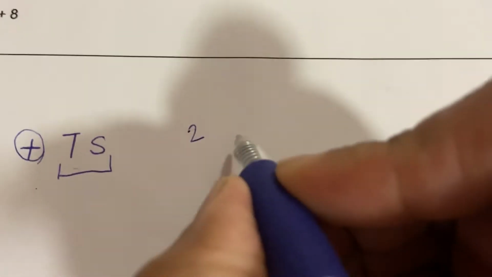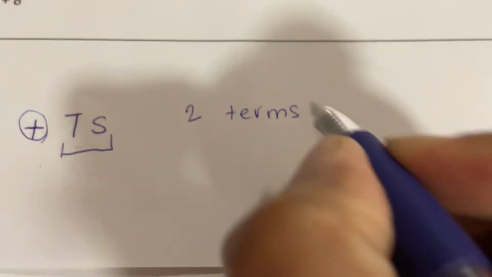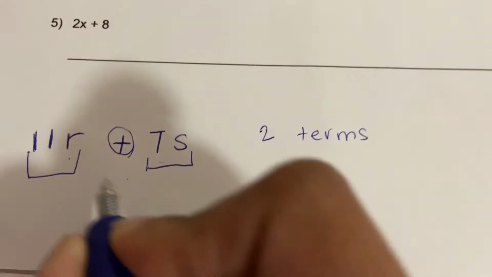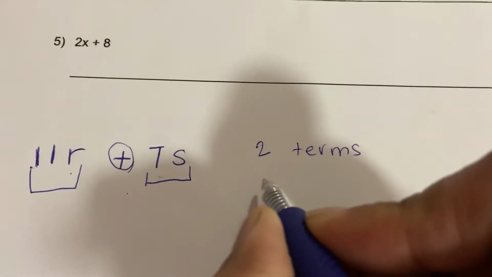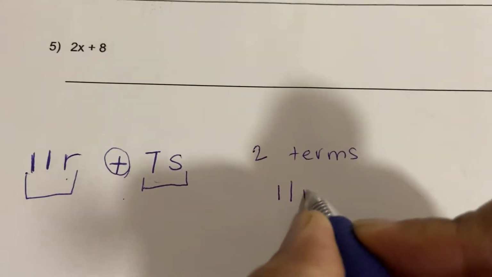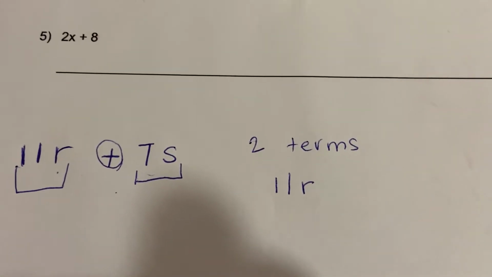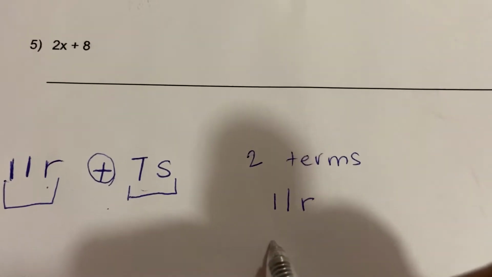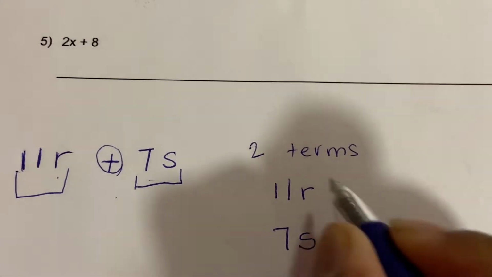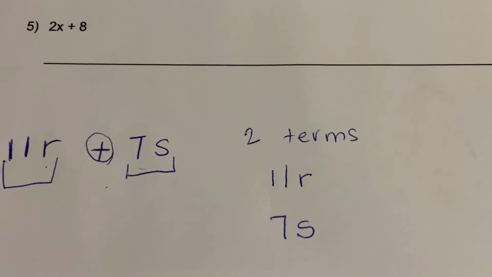Let's just jot down that this has two terms. The first term that I see is 11r. That's one term, and the second term is 7s. So these are the two terms of the expression.